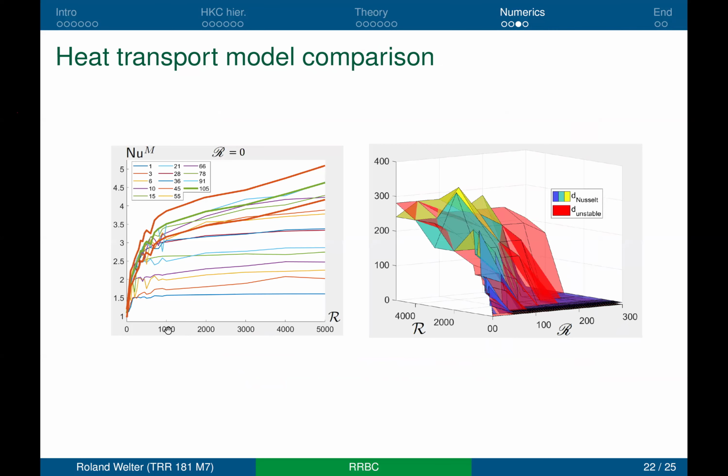So I did a numerical study of the Nusselt number at many different Rayleigh numbers and rotation numbers, and across many different HKC models, and saw this type of behavior where the higher dimensional HKC models were able to transport more heat than the lower dimensional ones.